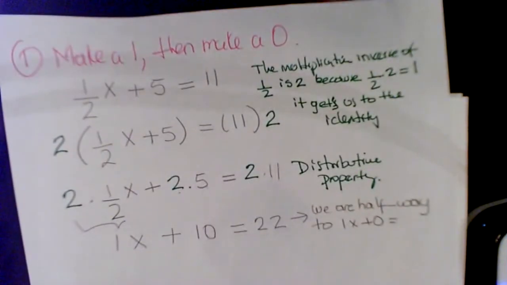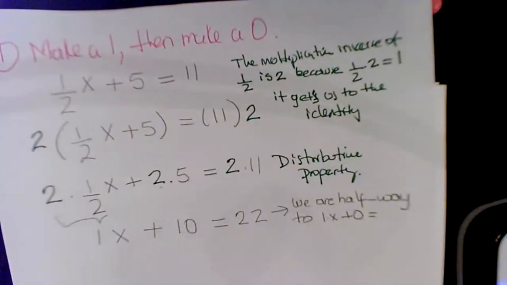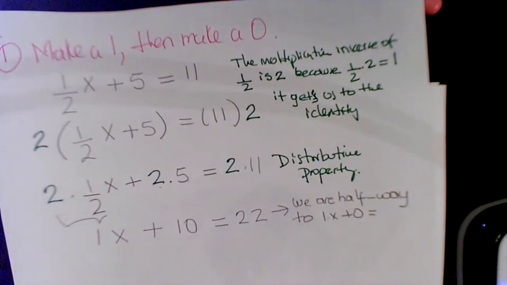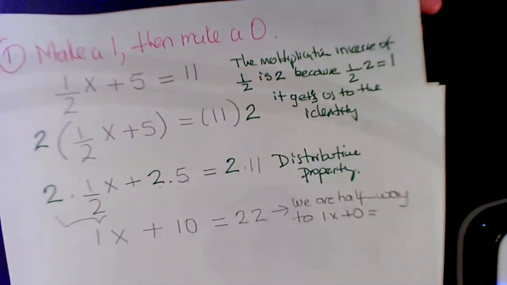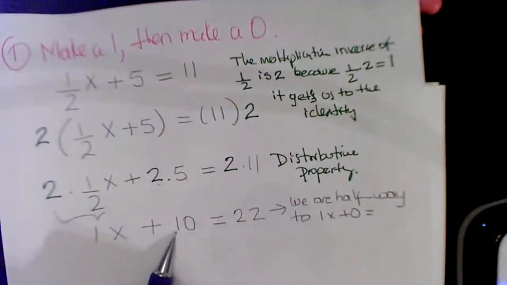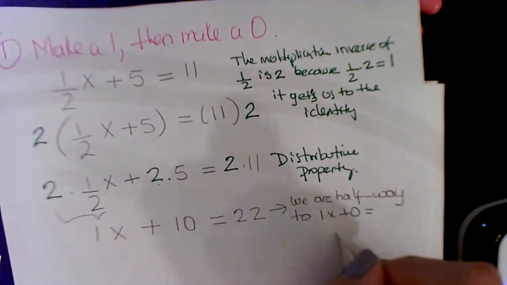Right? Now, what are we going to do? We're going to apply the additive inverse, which is, we're going to have to what? What number will do the, remember this part.